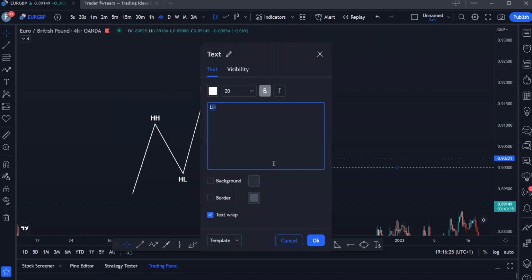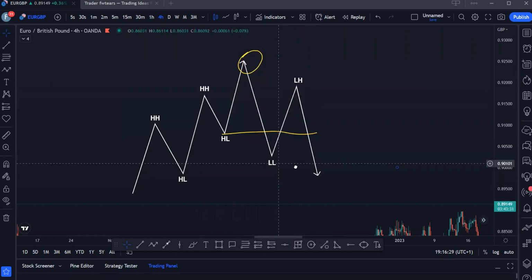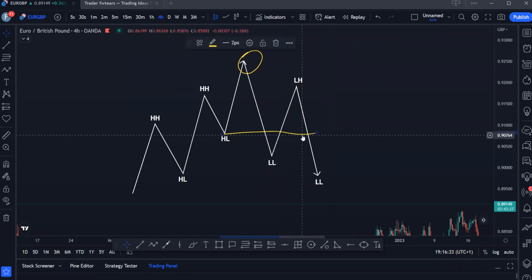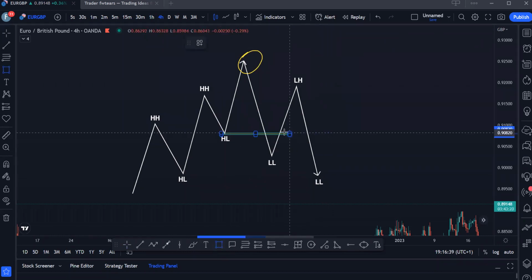Lower low. So it is when this happens that we say that price has shifted from an uptrend to a downtrend.